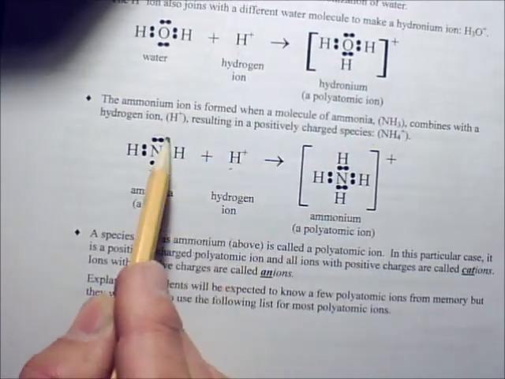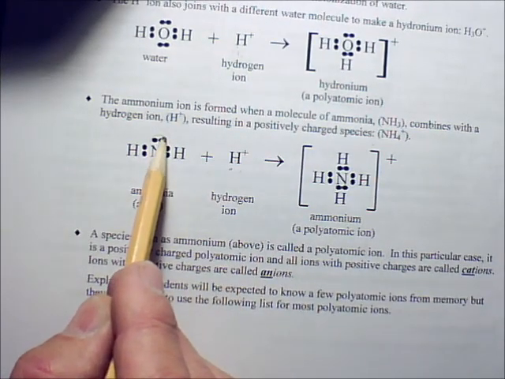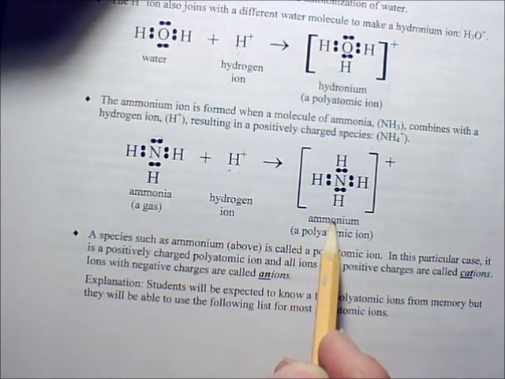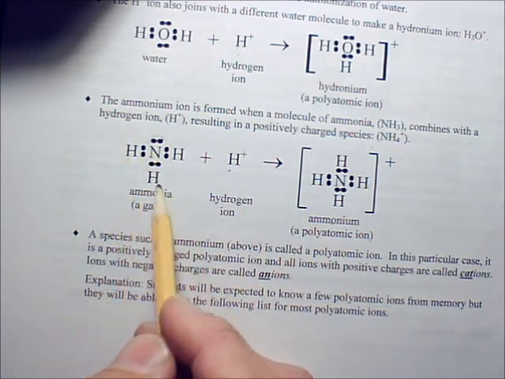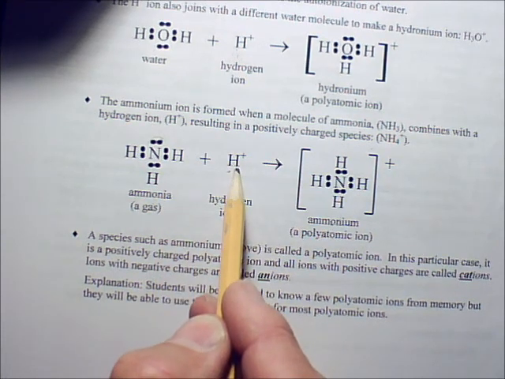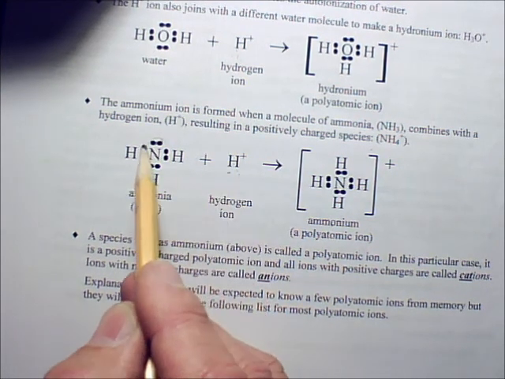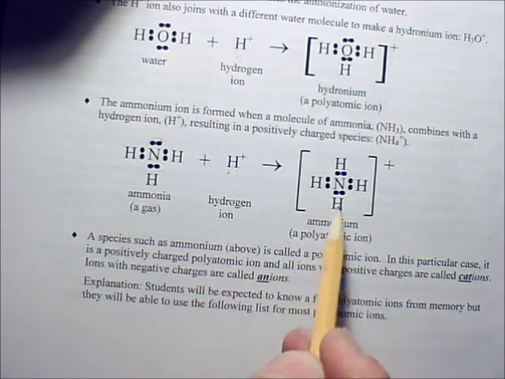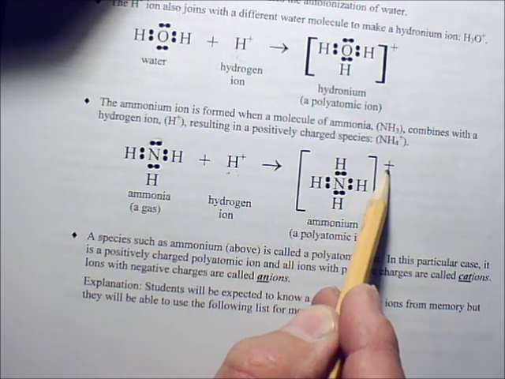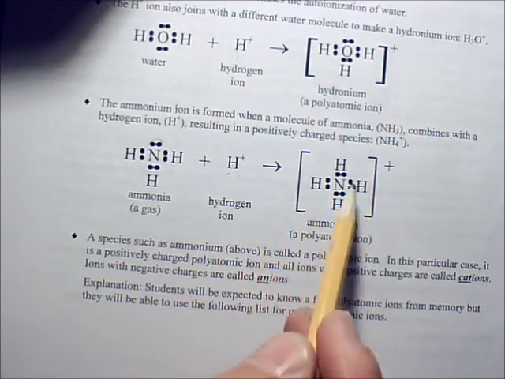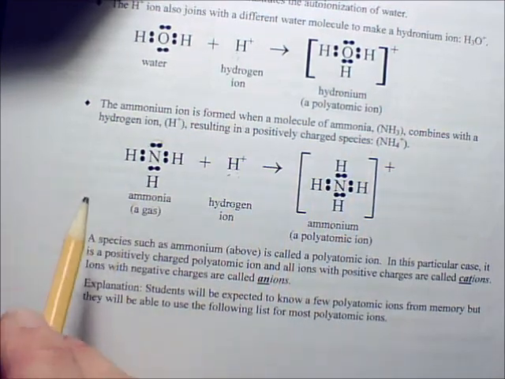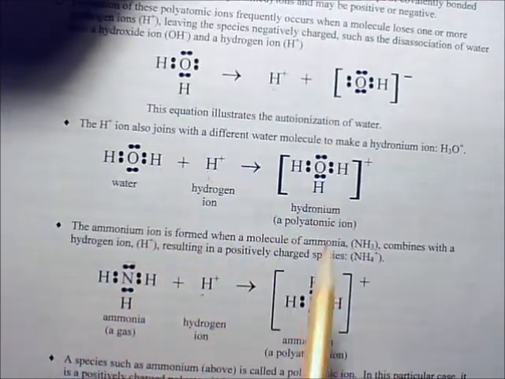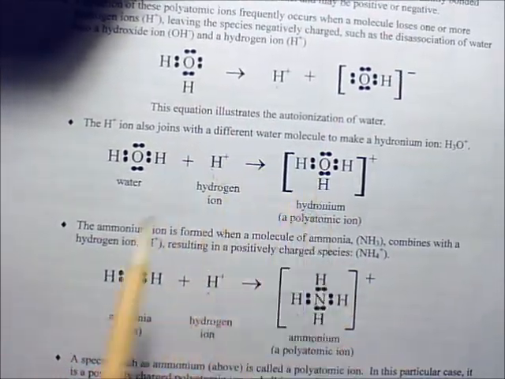The hydrogen ion can share this pair of electrons in a covalent bond. And we can create ammonium, an ammonium ion. Since ammonia is neutral, you bring to it a positively charged particle and covalently bond that particle. The resulting particle, the ammonium ion, has a positive charge. And that positive charge is shared through the whole thing, and that's what the brackets with the plus sign outside will tell you. Okay, so this is review, and just adding on to the same stuff.